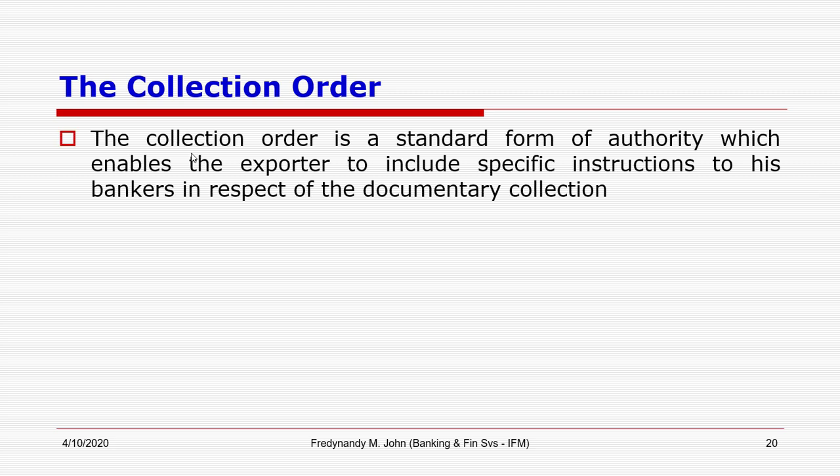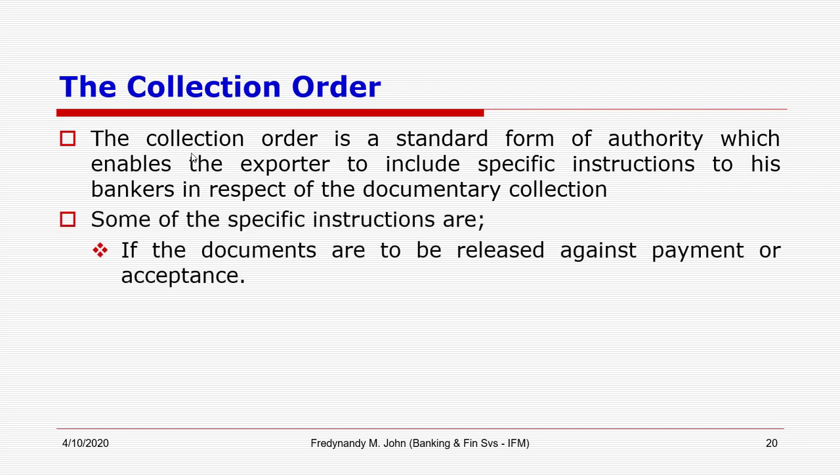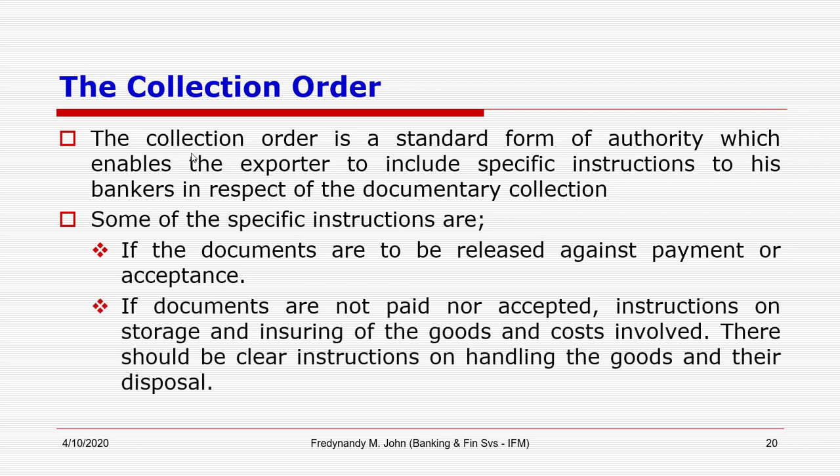The collection order is a standard form of authority which enables the exporter to include specific instructions to its bankers in respect of the documentary collection. The instructions included in this order can be to release the documents against payment or to release the documents against acceptance.